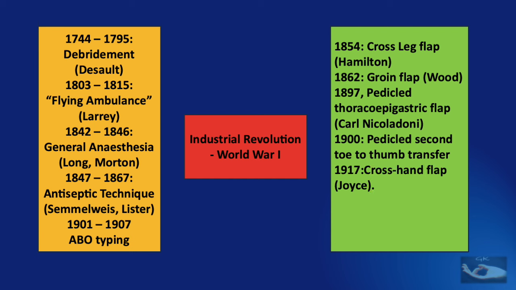In 1917, the cross-hand flap substitution of ring finger for reconstruction of thumb was performed by Leonard Joyce, and in 1919, Albee developed an osteoplastic finger substitute that combined a bone graft with a distant flap.